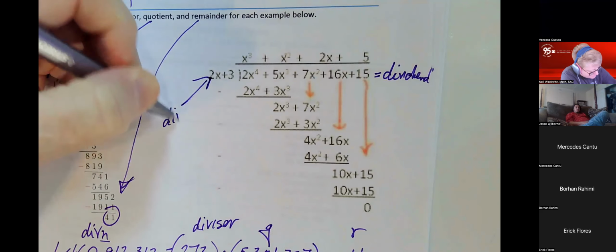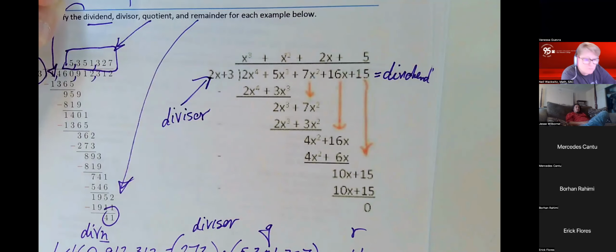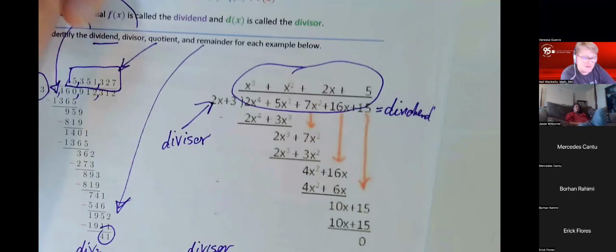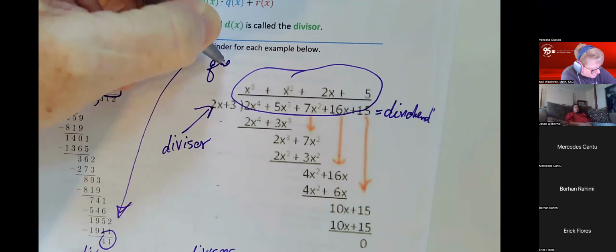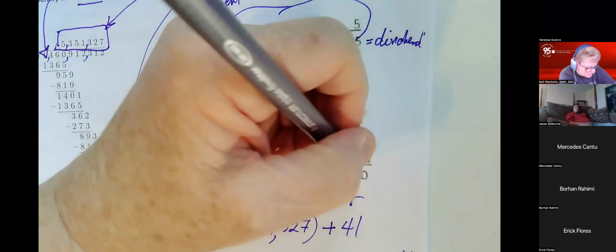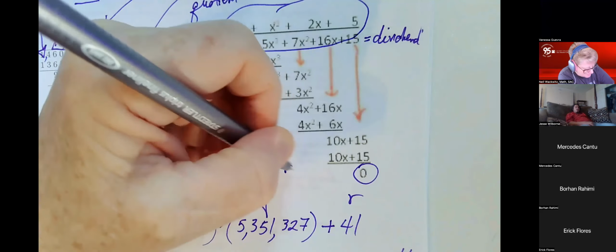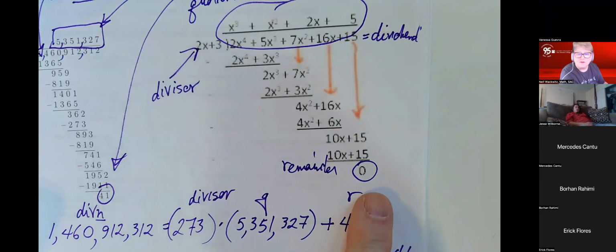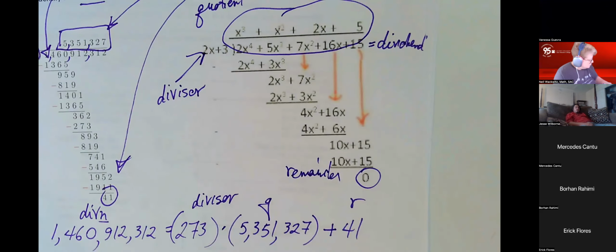That's the divisor. The quotient is the whole number part of the answer. And the remainder is whatever is left at the very end. So we could use the division algorithm to write this answer.